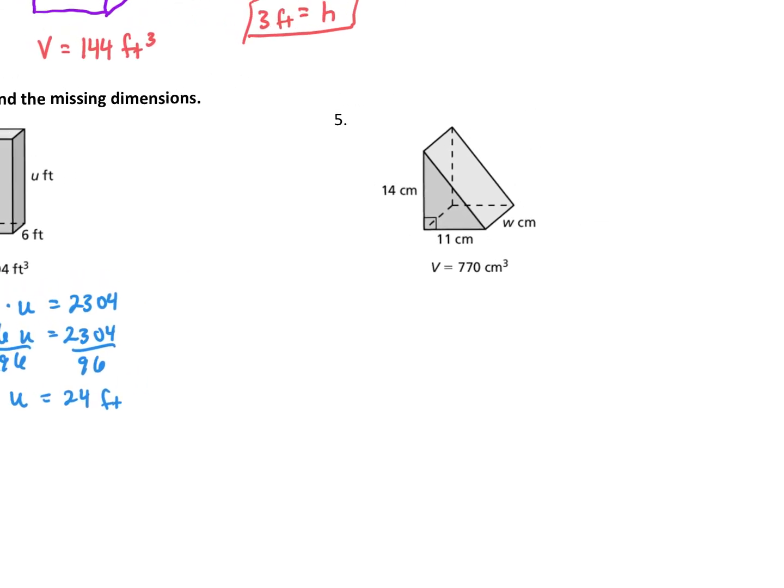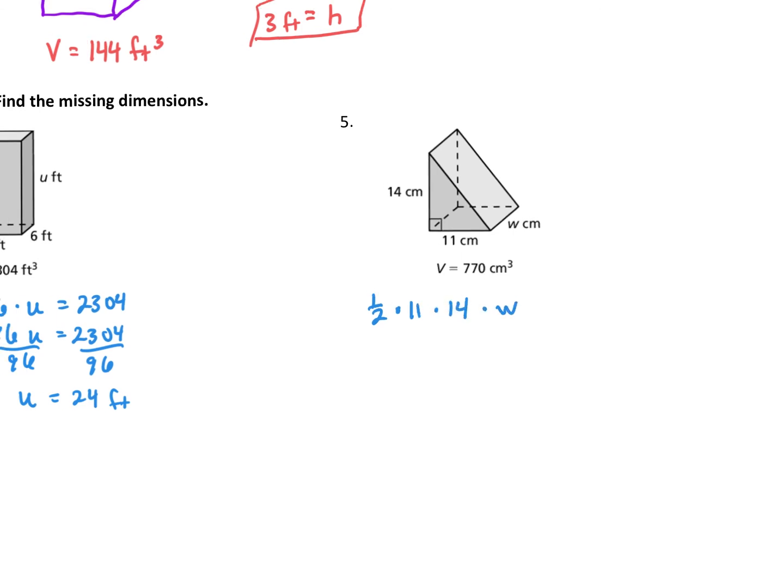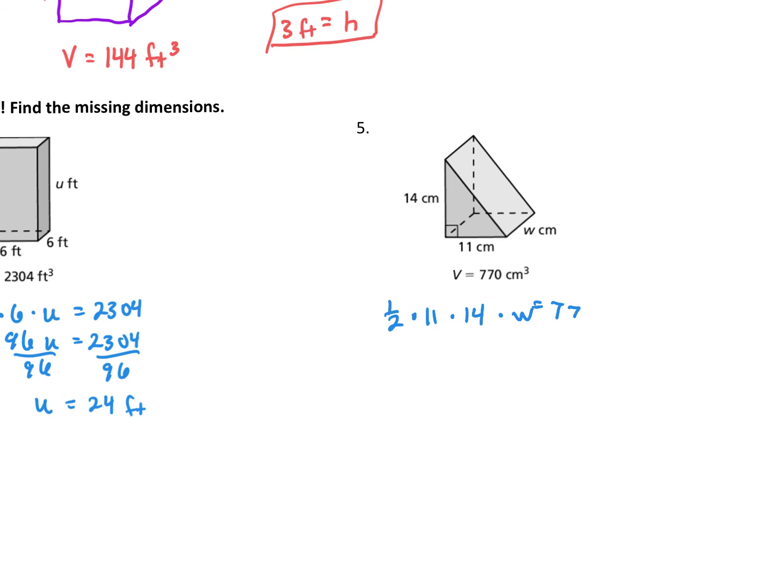Number 5, our volume is 1/2, because the formula for a triangle is 1/2 base times height, 1/2 times 11 times 14. Then the length is w, must equal 770. Multiply all this, it is 77w, must equal 770. Divide by 77. Our w is just 10 centimeters.